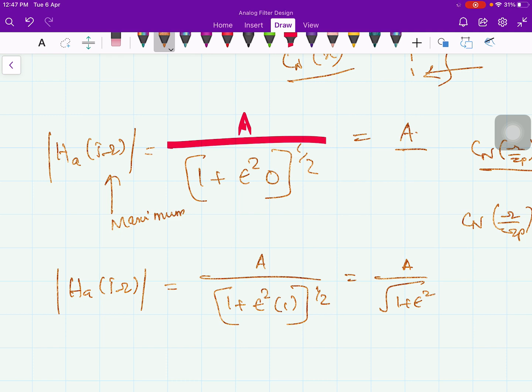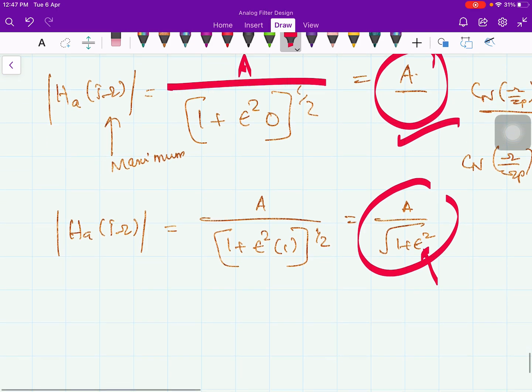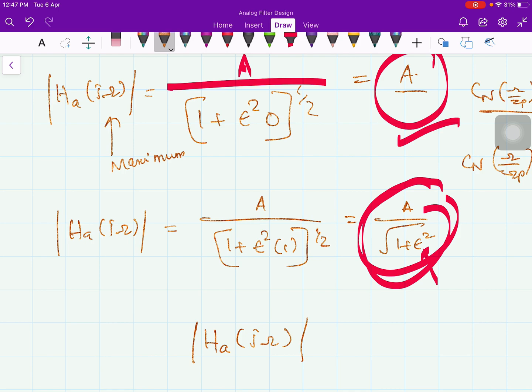Now my magnitude HA of j omega lies between these two values. Now which is bigger? A is bigger than A by square root of 1 plus epsilon squared. Why? Because epsilon is less than 1. So obviously this quantity is lesser than A. So the magnitude HA of j omega lies between capital A and capital A divided by square root of 1 plus epsilon squared.